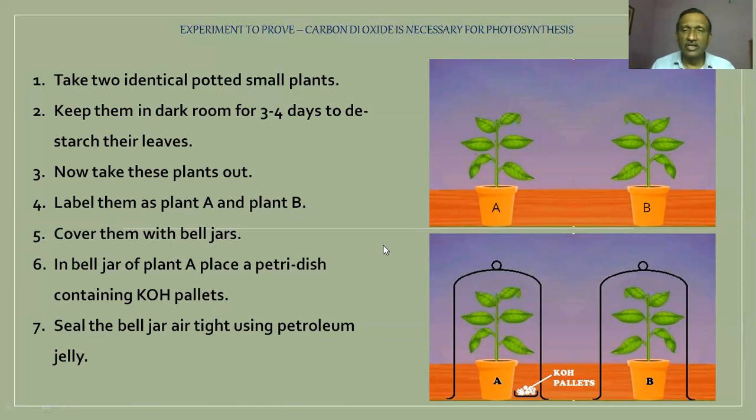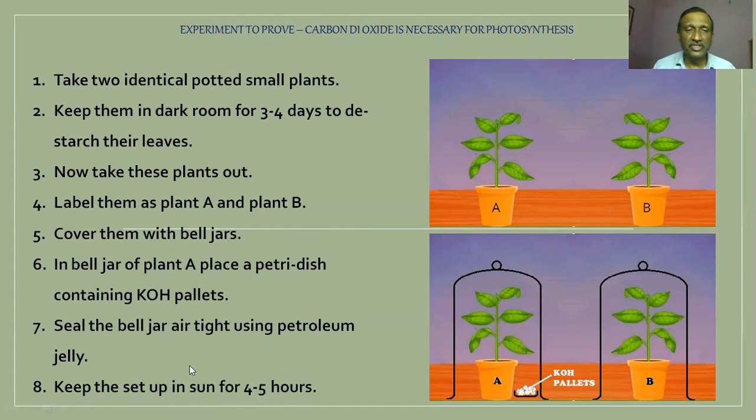Now this whole setup is made. The table where the setup is kept should be placed in sunlight for 3 to 4 hours. So keep the setup in the sun for 3 to 4 or 4 to 5 hours depending on the availability of the sun. Nowadays it is very hot.